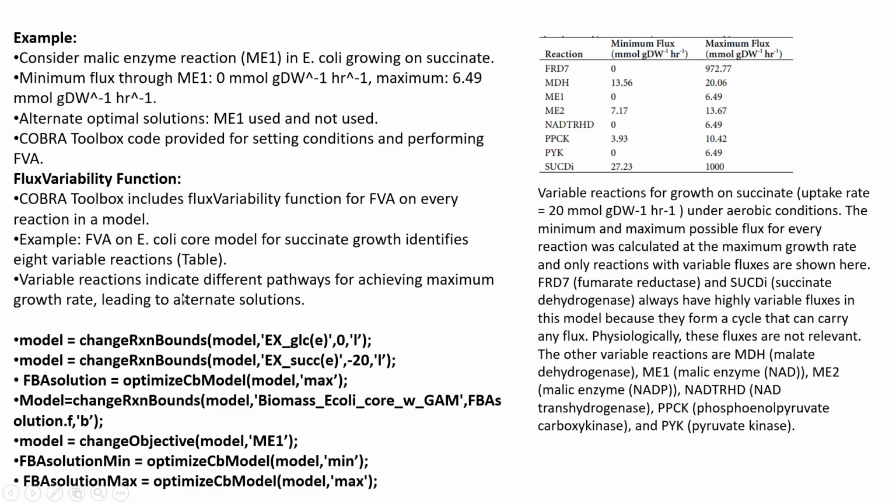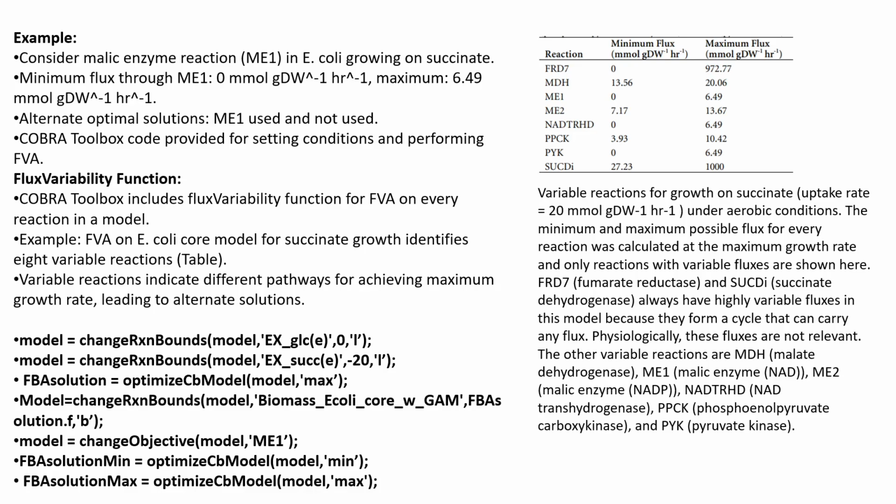Now, these variable reactions indicate different pathways for achieving the maximum growth rate, leading to alternate solutions. One thing to keep in mind is that all your solutions are trying to maximize or minimize your Z function, basically your cost function or your optimizing function. In this case, your optimizing function should be the maximum growth on succinate.